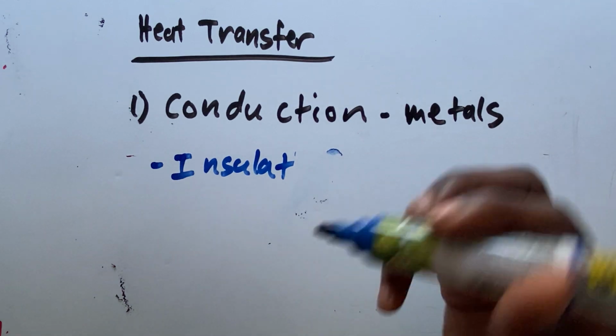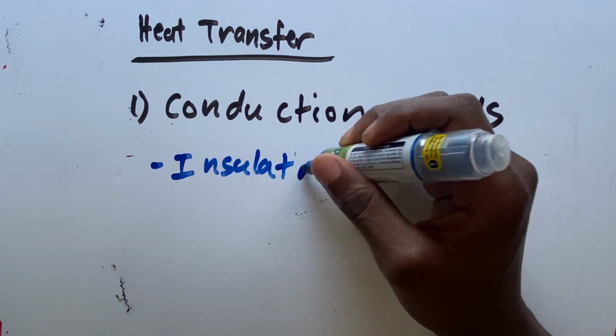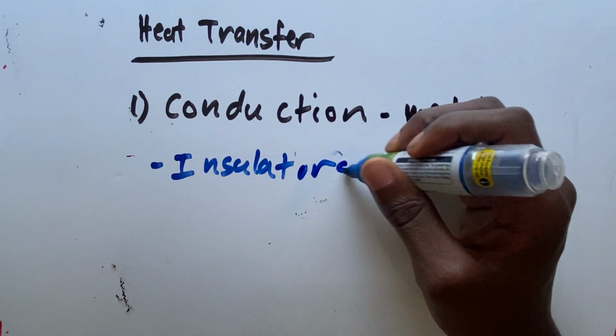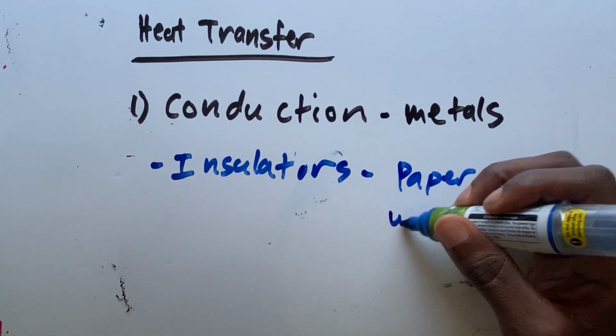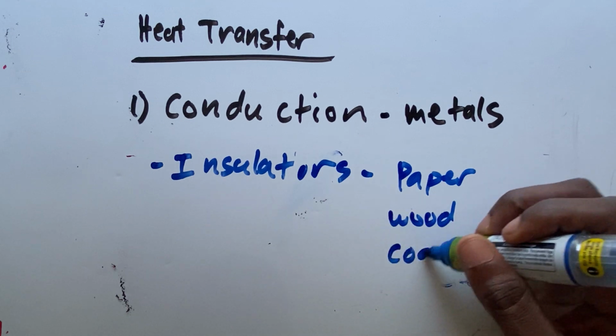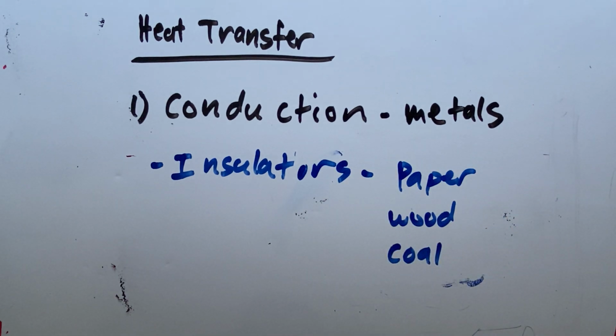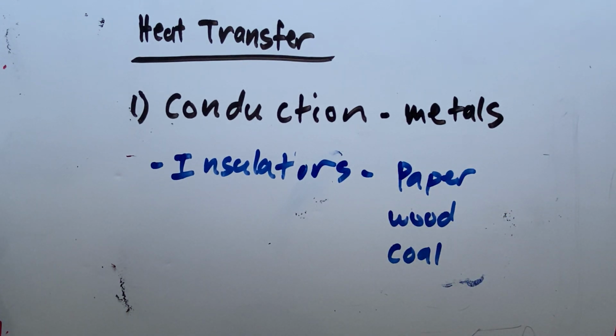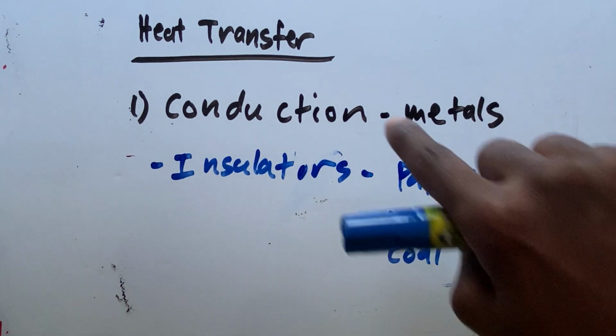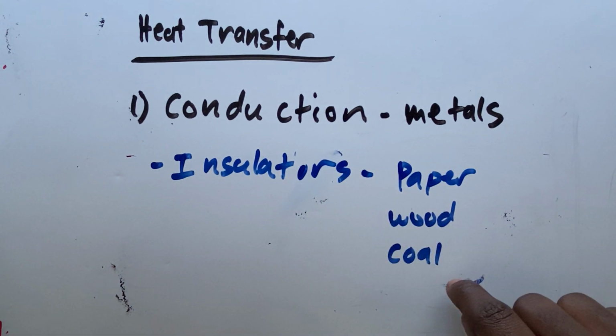So insulators would be like paper, wood, coal. And these are things that don't heat up as well as metals do, right? Notice that I put coal on here. So coal is not a good conductor, it's more of an insulator.